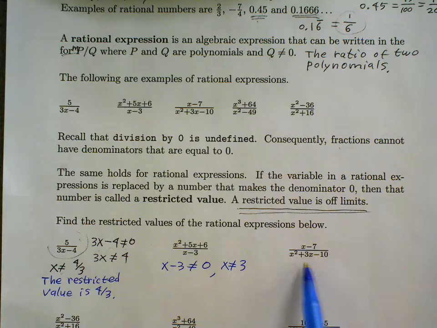Okay, the next one's a little more involved. x minus 7 over x squared plus 3x minus 10. So take 10 or 15 seconds and find the restricted values for this rational expression.